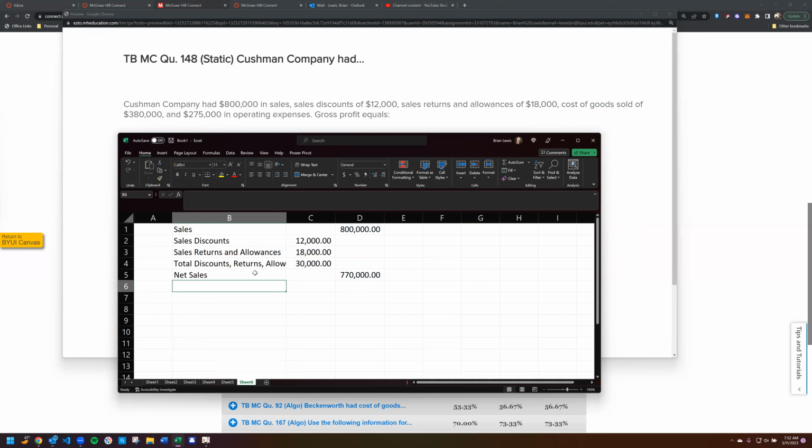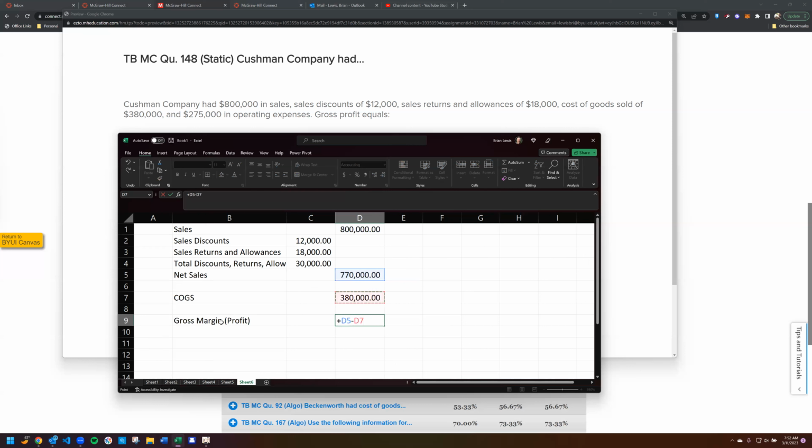Okay. Cost of goods sold is 380. COGS is 380. So my gross margin, or how they're calling it, profit, is the net sales minus this.